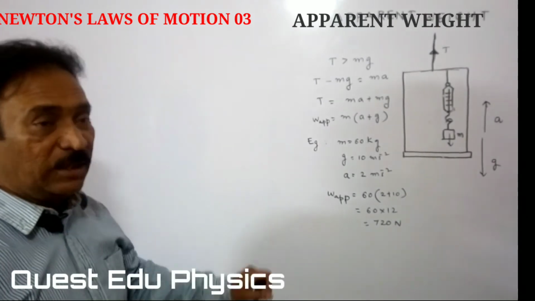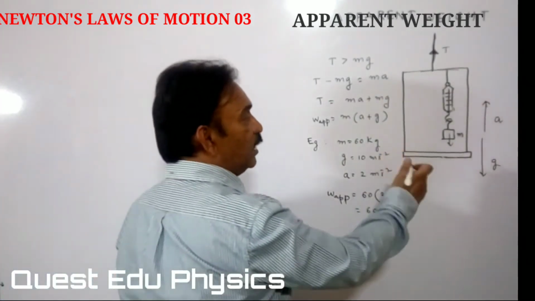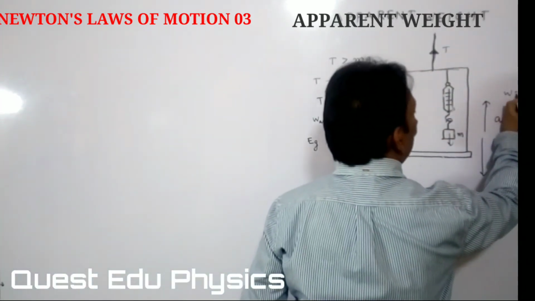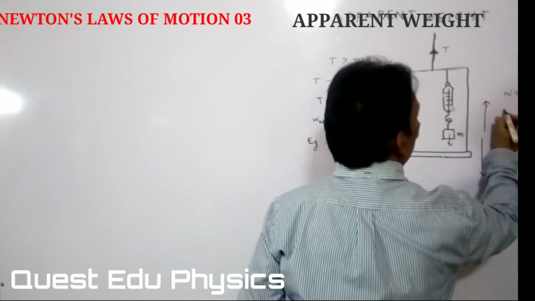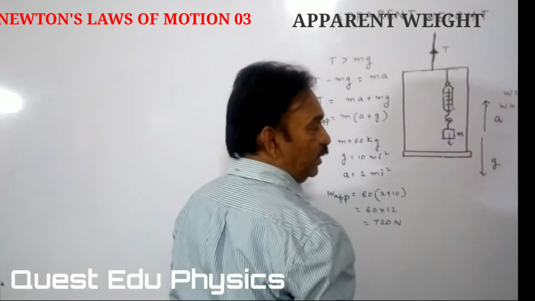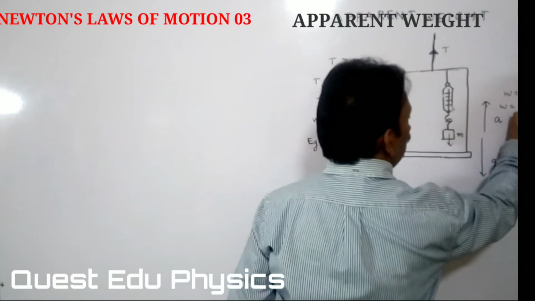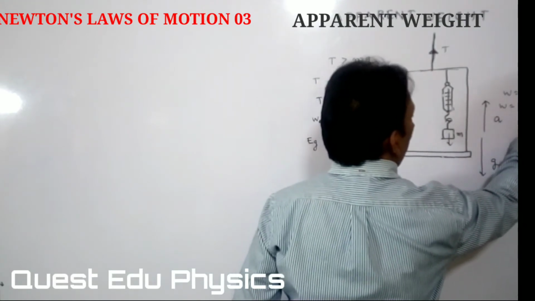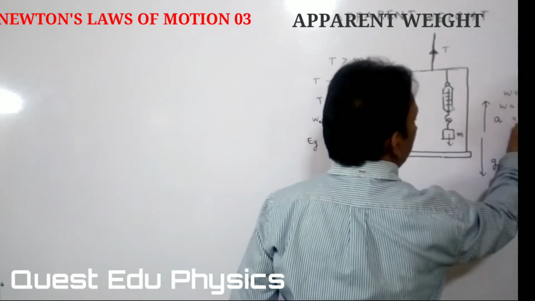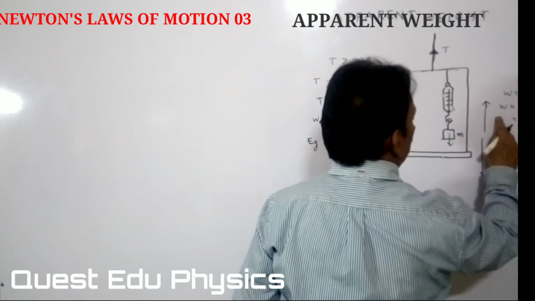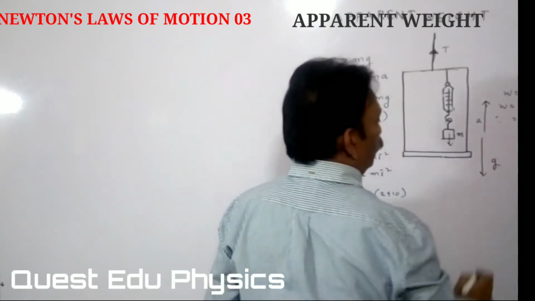Okay, let's check the weight when it is resting. Obviously, W is equal to mg. Weight of the body when it is resting is equal to 60 multiplied by 10, and it is equal to 600 Newton. Getting me, students?